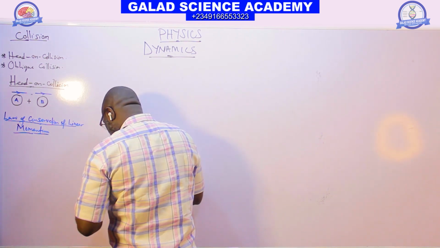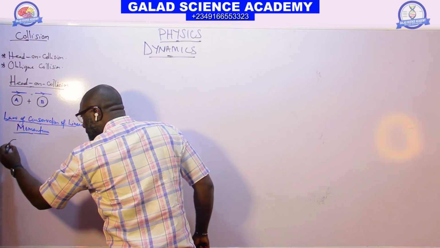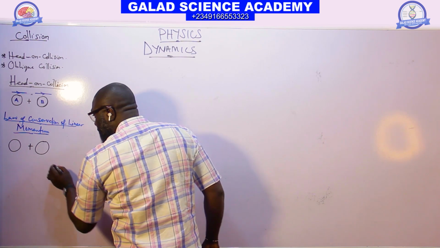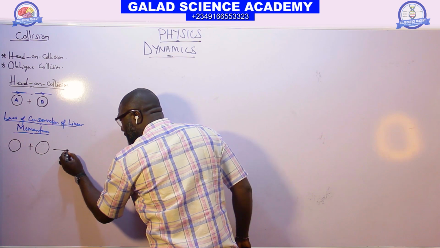If you have a body A and a body B, the two of them collide together.